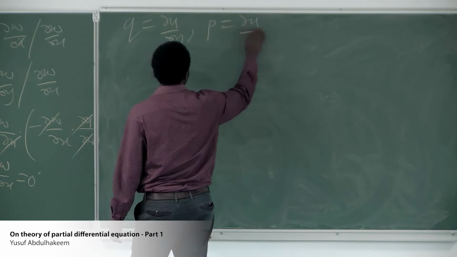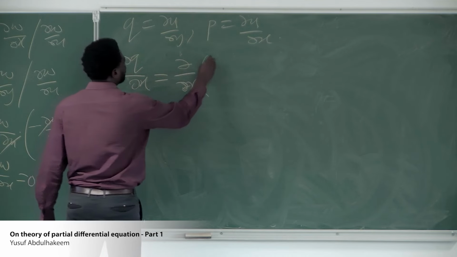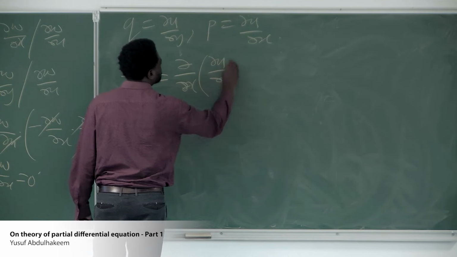Now, let us look at this. Dq dx is the same thing as dx of q, which is du dy.